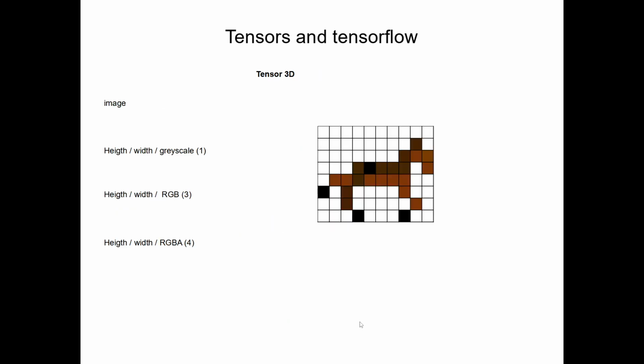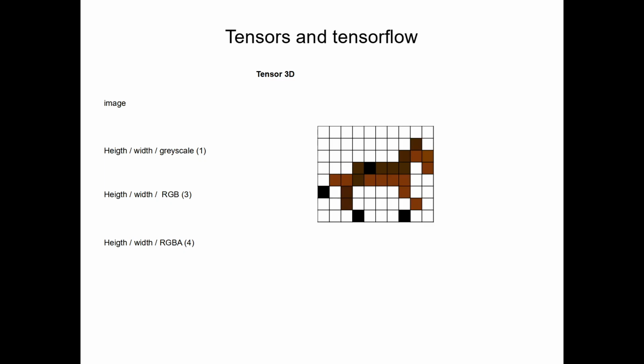A three-dimensional tensor is used very often for images. So why 3 dimensions? Because you have both the height and width of the image, but you need a third dimension to encode the color. So if you have a black and white image in grayscale, it will be a single number ranging from 0 for absolute black to 1 for white, and all the values in between will be shades of gray.